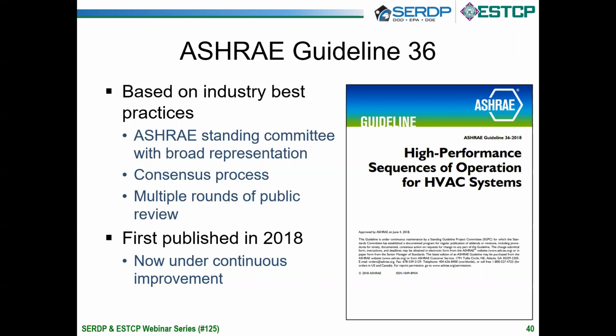The committee that developed it uses an ANSI certified open process, which includes open meetings and lots of stakeholder input, and this guideline went through many rounds of public review before it was published. It was first published in 2018, and the committee that generated it has now transitioned to a continuous improvement model and is working on future updates and addenda.